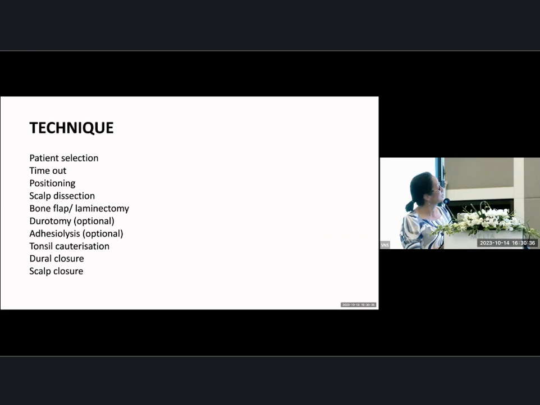So the technique is pretty standard. The key is patient selection in this case. That's the most important thing to determine whether you've got it right and what your outcome will be. We do a timeout, which I think is a really important thing because things can go disastrously wrong here. So we're all on board with the anaesthetist, to tell them things that could potentially happen: we could go into the sinus, we could get cerebellar herniation, etc. This is a difficult procedure.